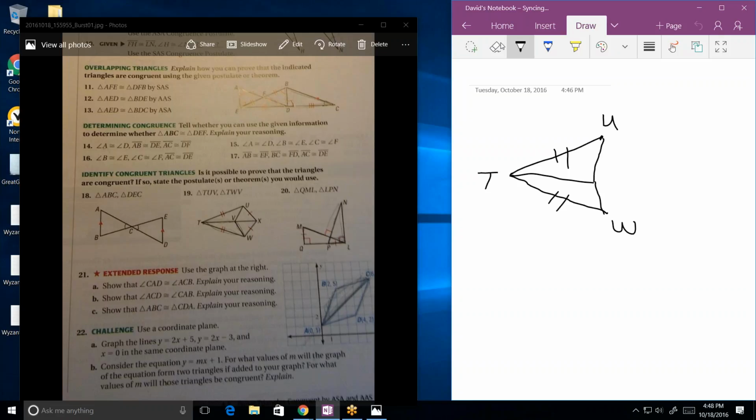In other words, angle T is not being split. Otherwise, they would tell us that that angle is equal to that angle. And since they don't tell us that, and I can draw that in a way where that is going down more than it is horizontal. You see what I'm doing? And clearly those two triangles are not the same, and yet everything about them is the same as what we see in our picture.